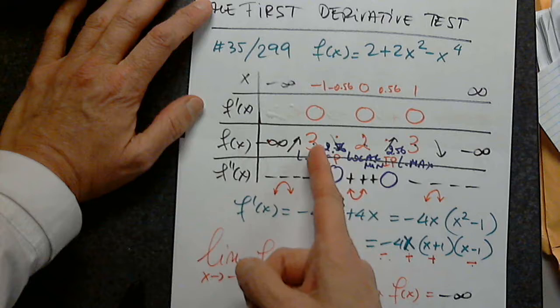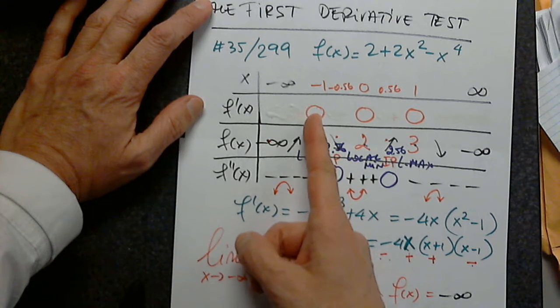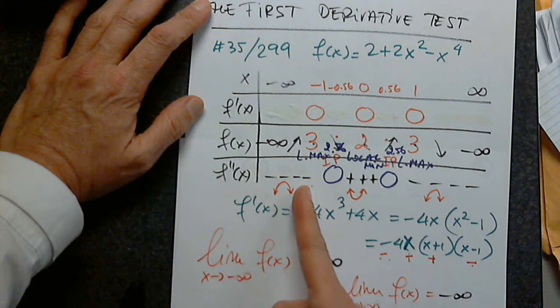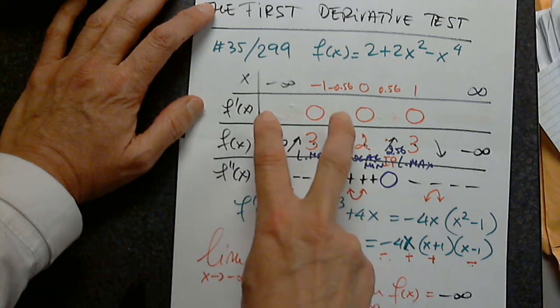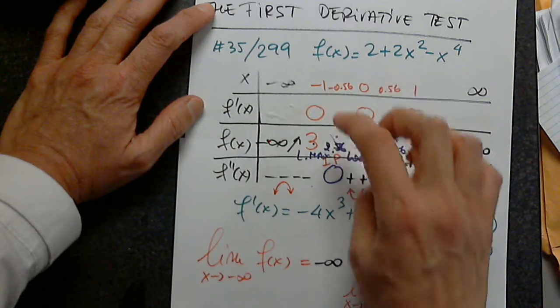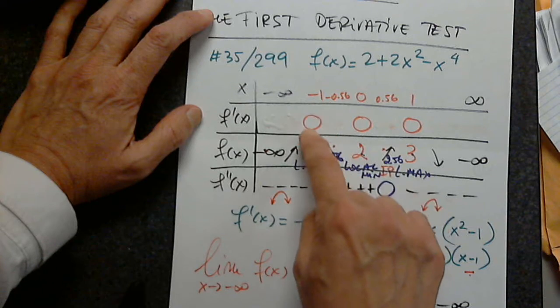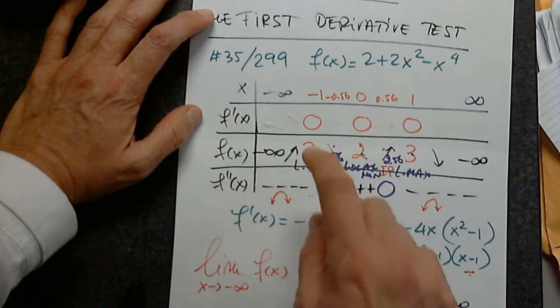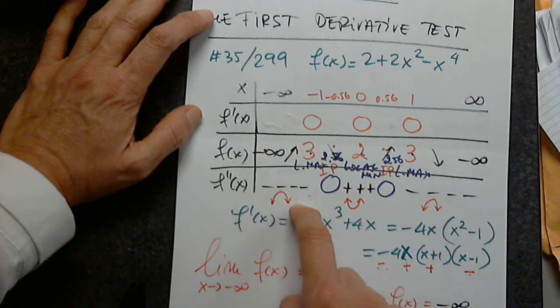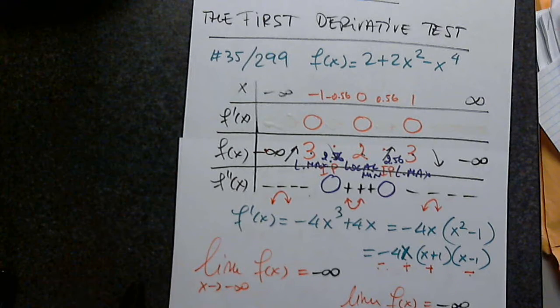So at the point where the first derivative is 0, if the second derivative is negative, what should the signs be here? The first derivative is 0 at negative 1, but the second derivative indicates that the function is opening downwards.